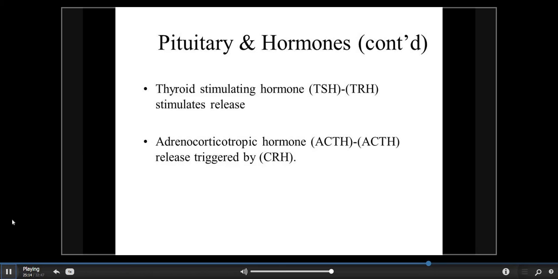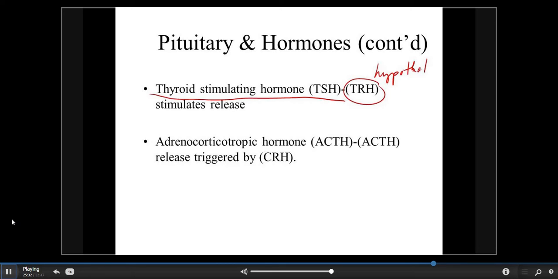You have TSH, thyroid stimulating hormone, another hormone secreted from the anterior pituitary. What will elicit its release is the hormone that is produced in the hypothalamus, thyrotropin releasing hormone.